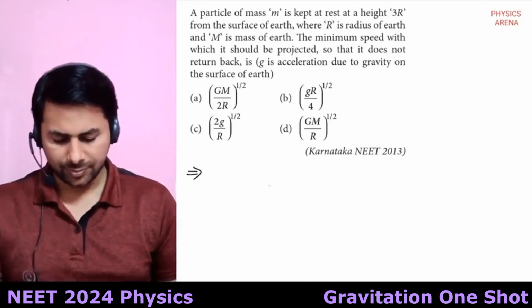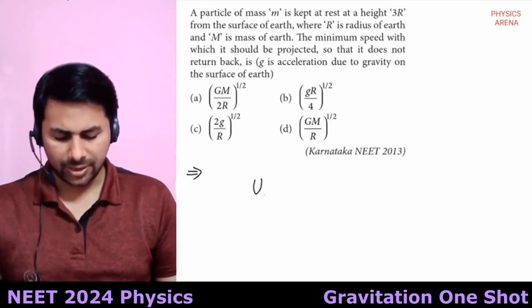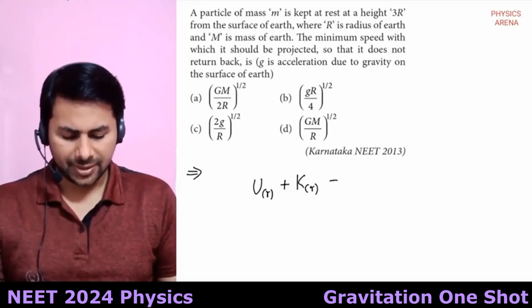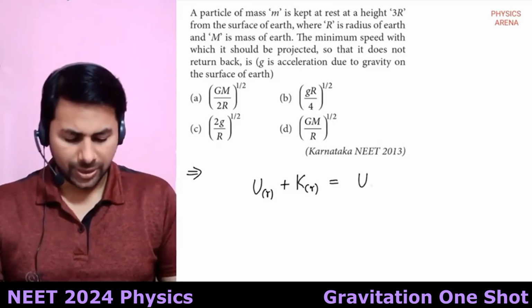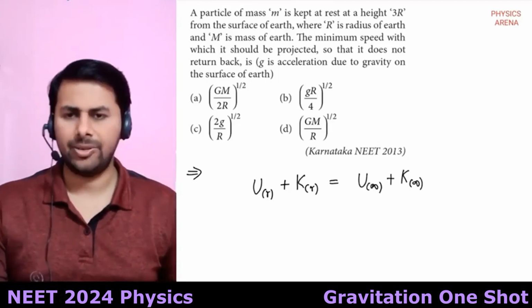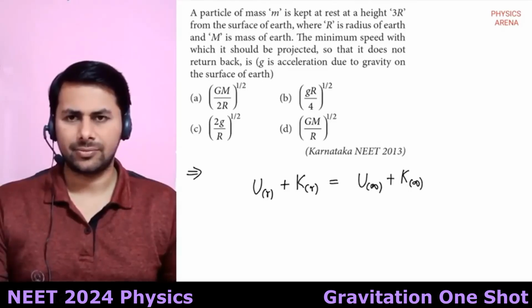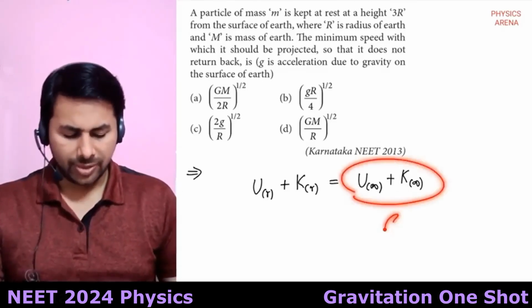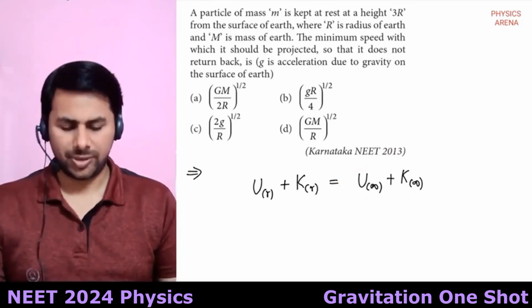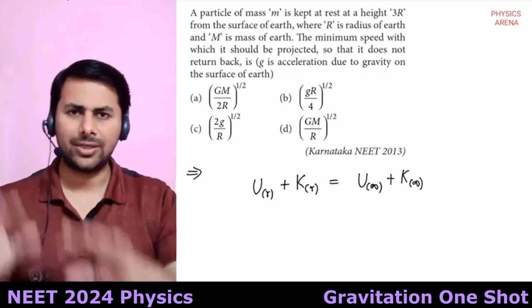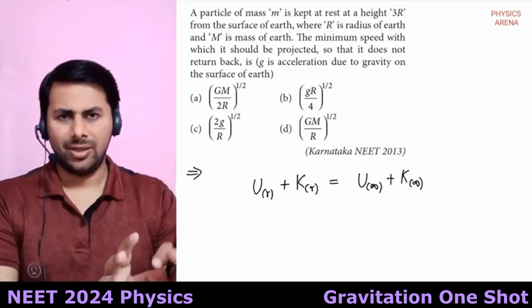So see, you have potential energy at height r plus kinetic energy at height r is equal to potential energy at infinity plus kinetic energy at infinity. This will be equal to 0 because it will go to infinity. We want just enough energy so that it reaches infinity.